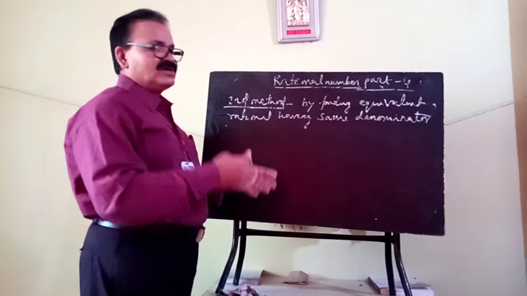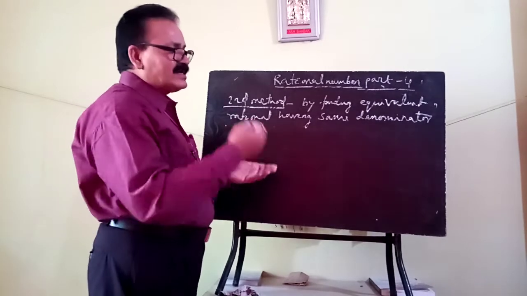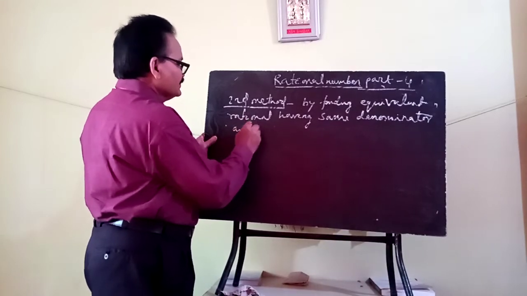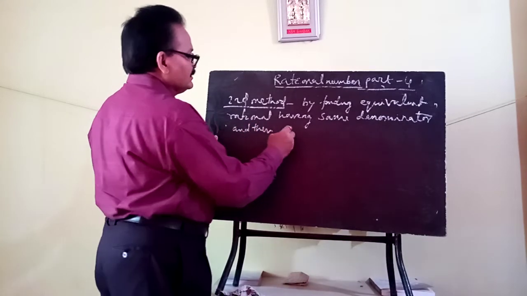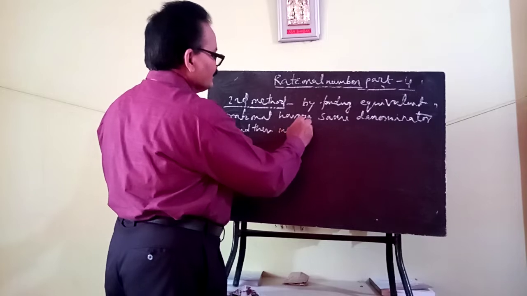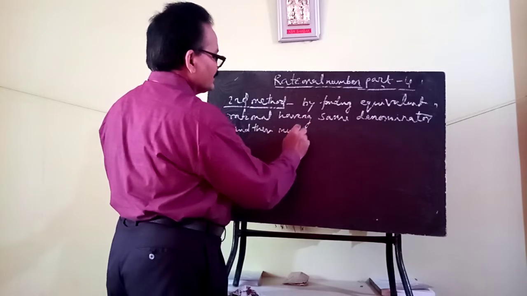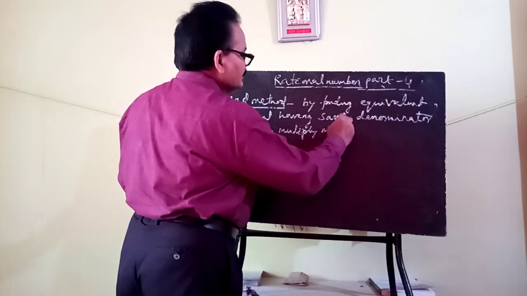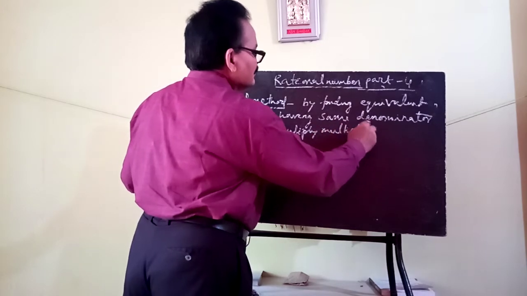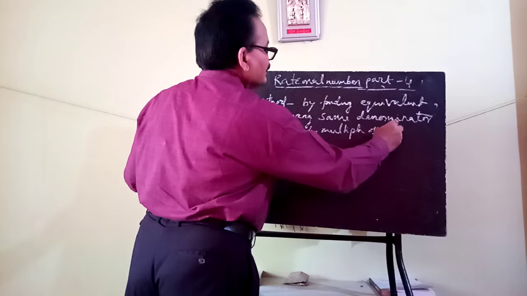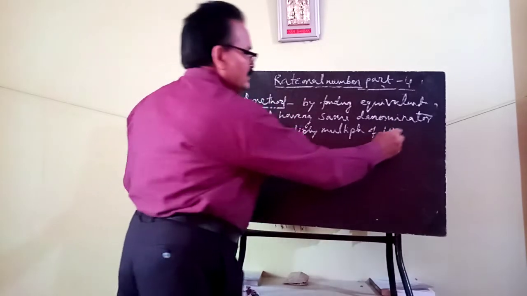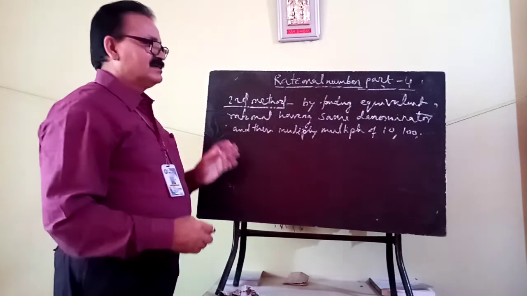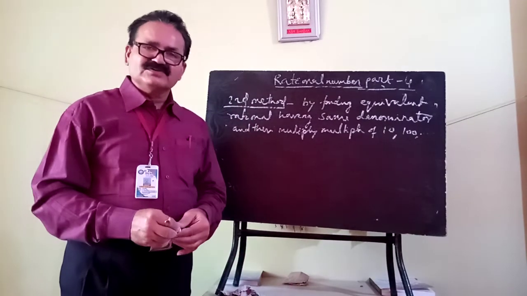And then for getting larger values you can multiply by 10, and then multiples of 10, 100, 1000, like that. Again you will be able to get more.